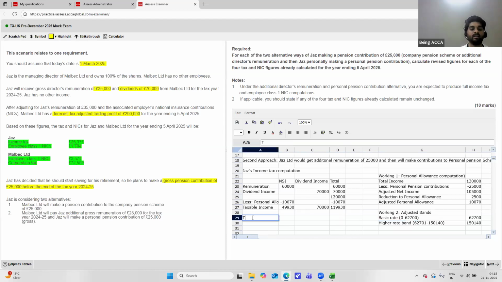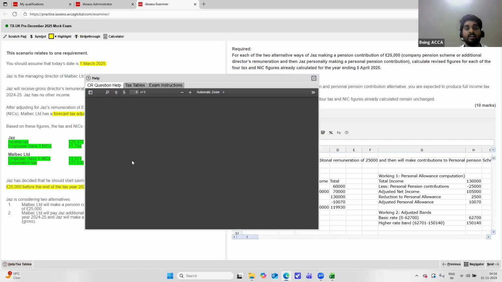Now let's try to calculate the tax liability. Our basic rate band is up to 62,700, but our non-savings income is only 49,930. So for that reason, NSI would be 49,930 at 20%, which would come up to a total of 9,986.